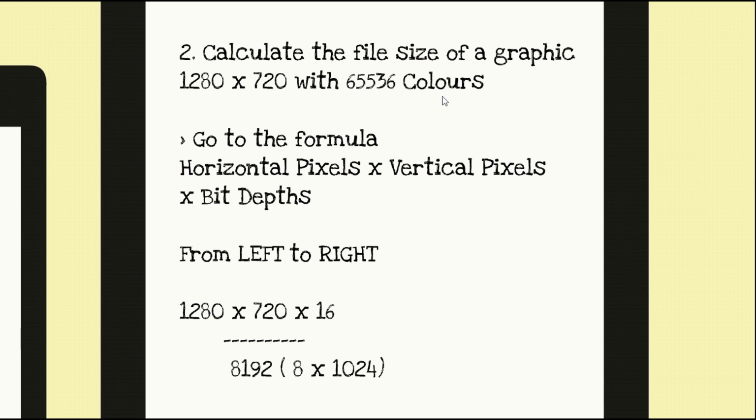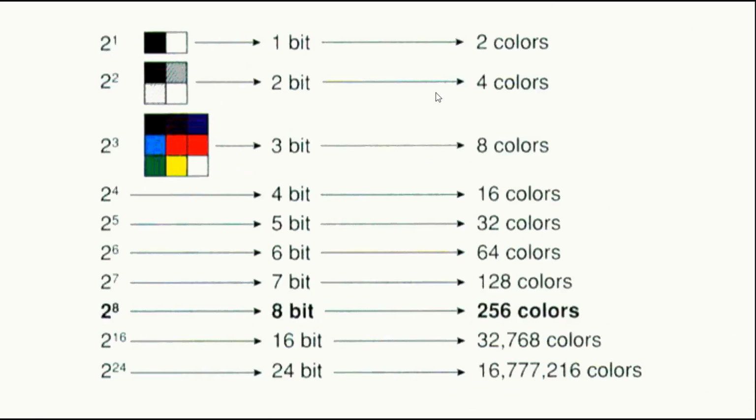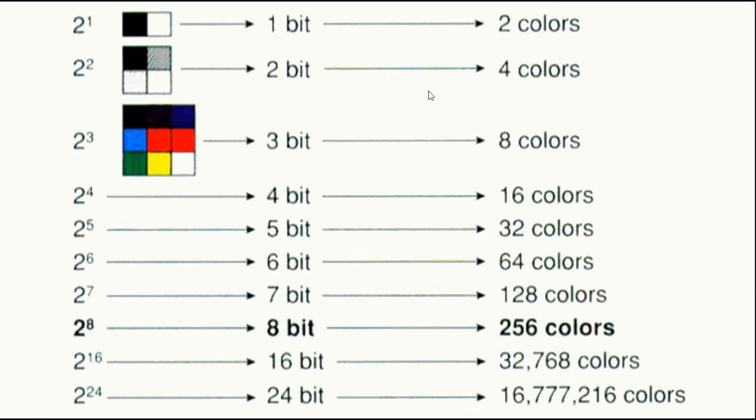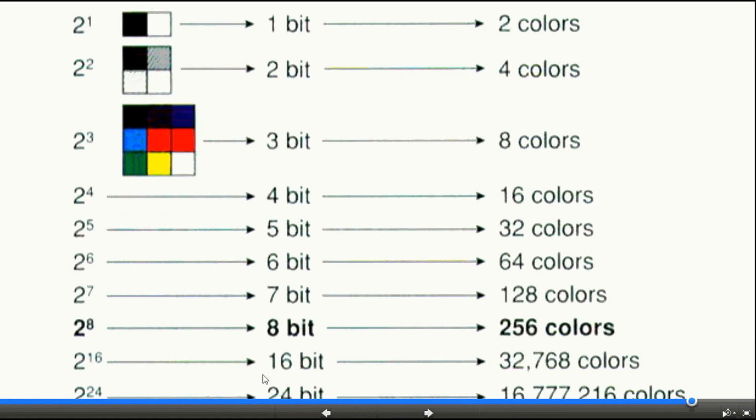65536. So let's go back to the chart. Remember that error I pointed out to you earlier, so we have to remember that. According to Zupan, 16-bit is 65536. You want to go by what Zupan gives you, because that's what he has to do.